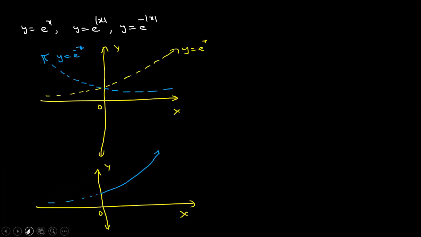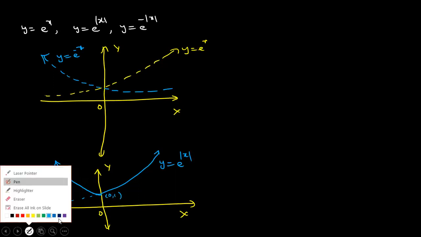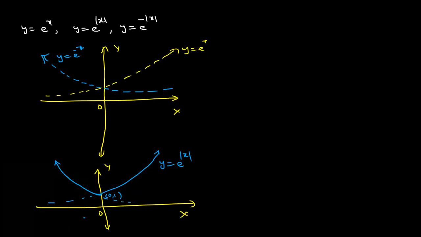Okay. Now from these two cases, I'm taking only this upper part. So this is the y is equal to e power mod x graph. This curve is passing through 0, 1. Dotted line is not possible. Okay, draw this picture.